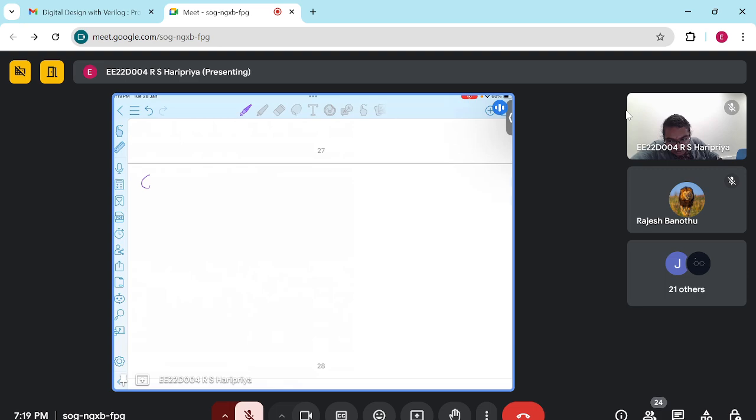So if we have 0.375 in base 10, what will be the equivalent in base 2? Now the required base is 2, so we have to multiply with 2, which gives 0.75. So a minus 1 is 0, and 0.75 times 2 is equivalent to 1.5. So a minus 2 is 1.